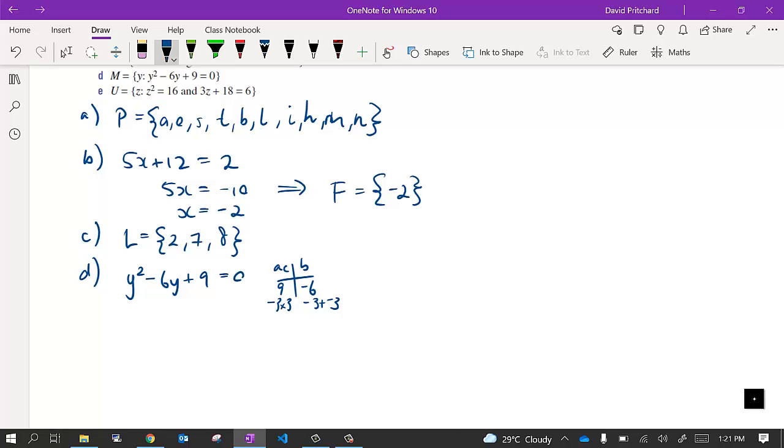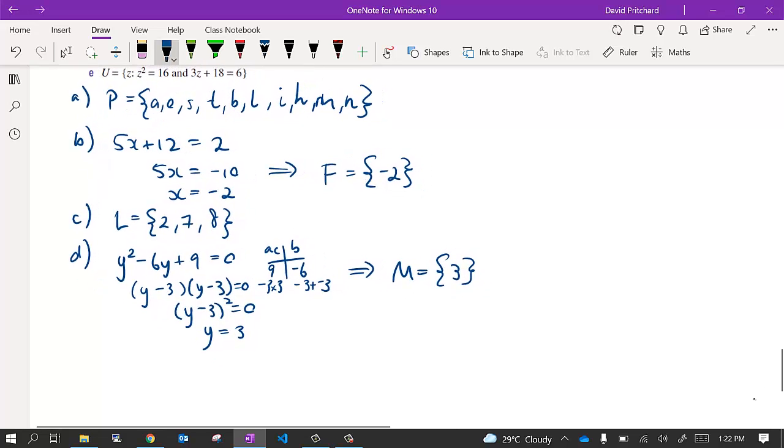We can see this is a monic quadratic, so it just factorizes to x take 3, x take 3, or x take 3 squared. And using the null factor theorem, we end up with x is equal to 3. Now, I don't know why I did it, it's just habit. All those x's should have been y's, and I should be saying that y is equal to 3 and not x. So that leads us to our set M, only including the value 3.